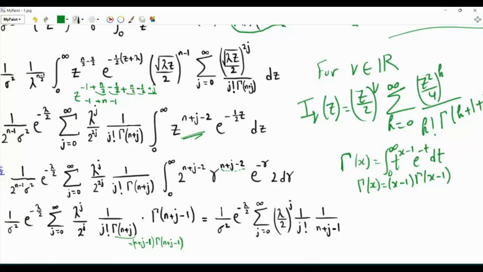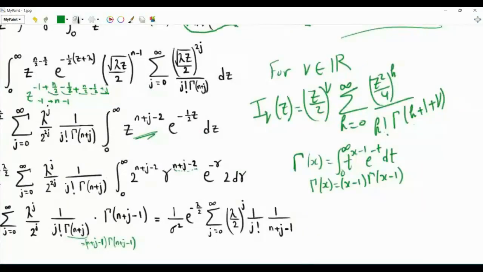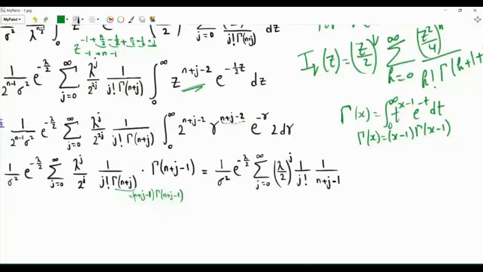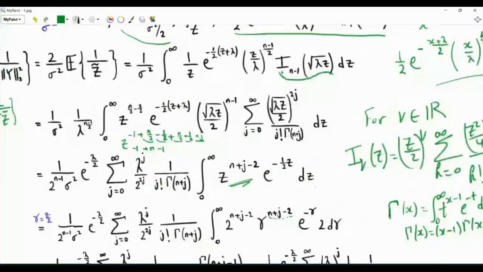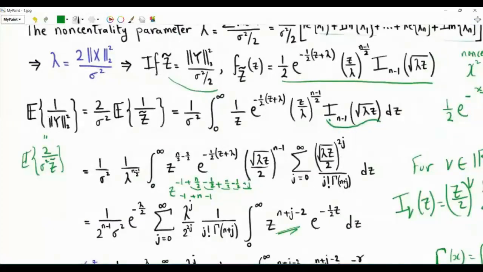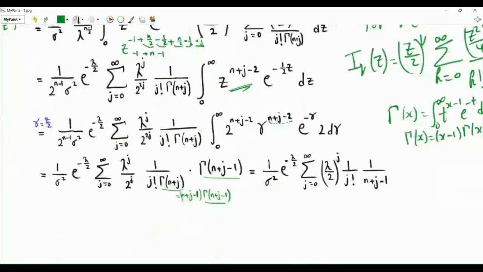And so this gamma of n plus j that is here in the denominator comes, again, from the expansion of the modified Bessel function of the first kind. Then we can write this gamma of n plus j as n plus j minus 1 times gamma of n plus j minus 1. And by doing this, we can eliminate the gamma functions, and we end up with this term, which is n plus j minus 1. And our result for this expected value will be in terms of this series here.